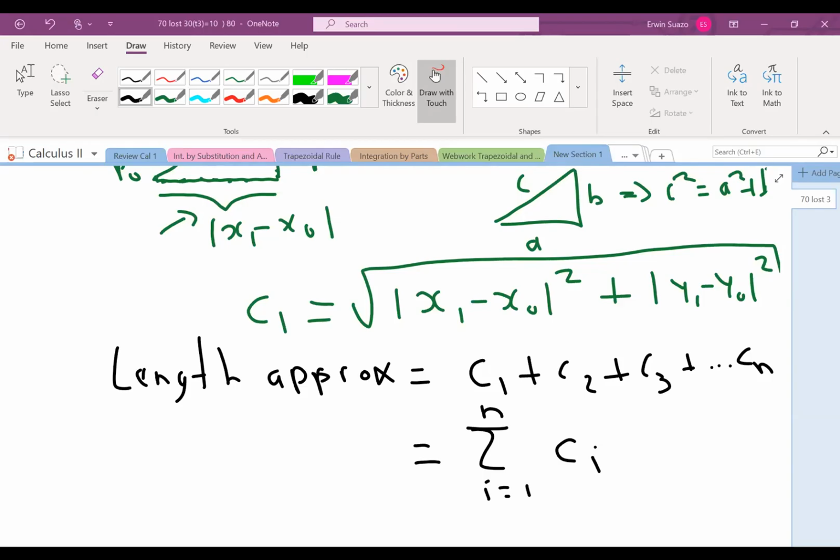So if I change in my notation over here the 1 by i, so this Ci will be xi minus xi minus 1 and then plus yi minus yi minus 1.